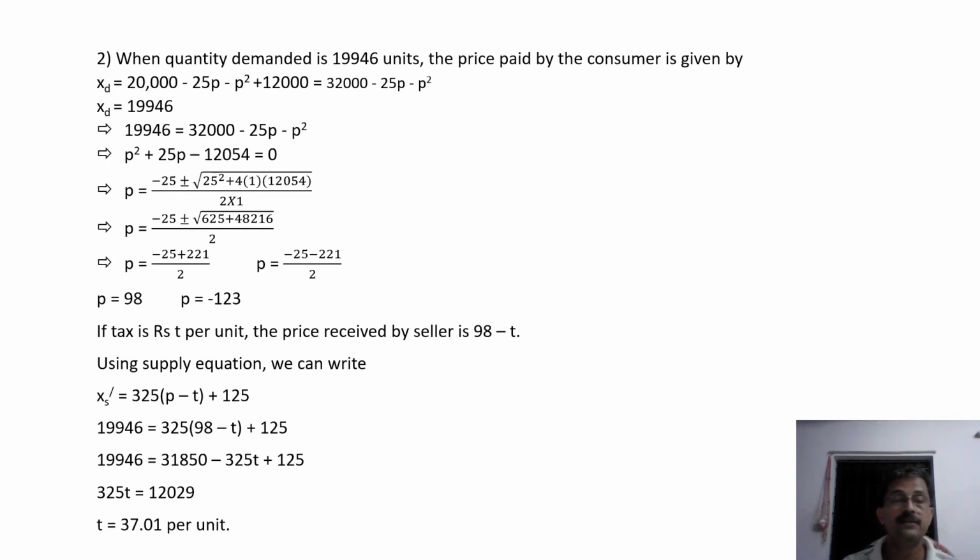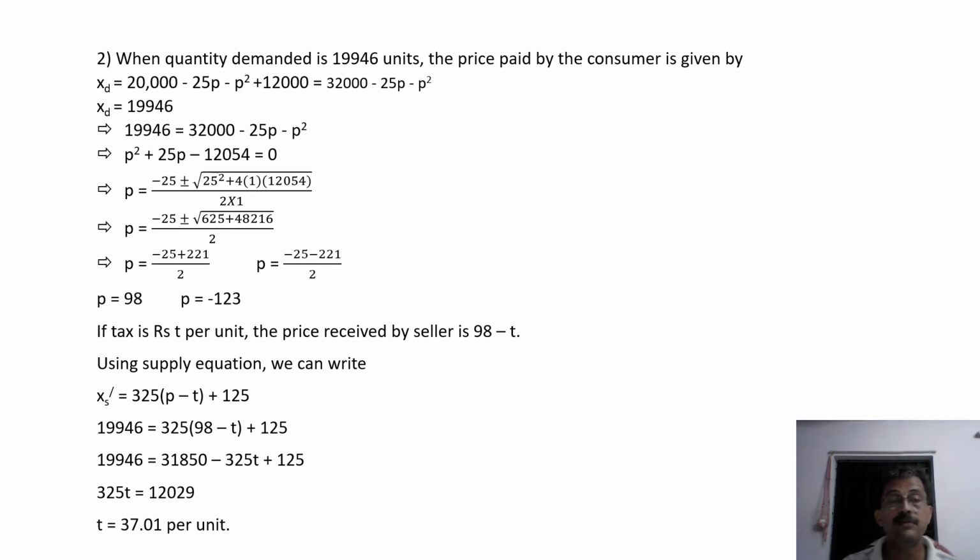So we have to find the tax here. If tax is rupees t per unit, the price received by the seller is 98 minus t. The price paid by the consumer is 98. The price received by the seller is 98 minus tax.